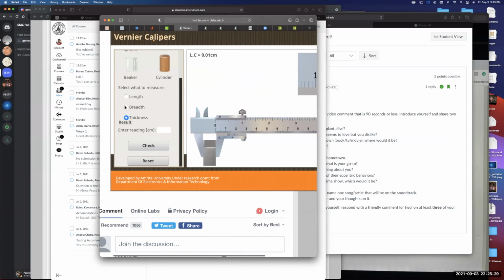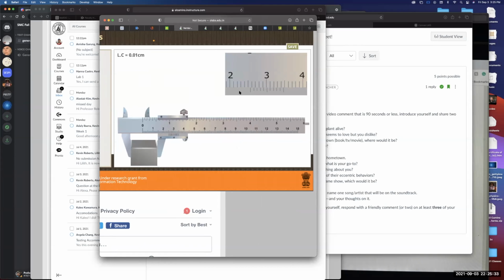If I do the breadth here, this one, what would you guys say this one is? 25.7 or 25.1? No, because you have to start here, Timothy.